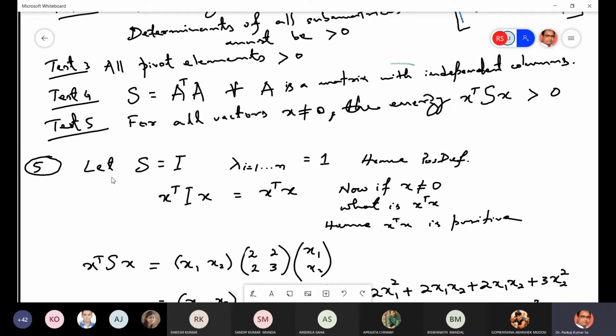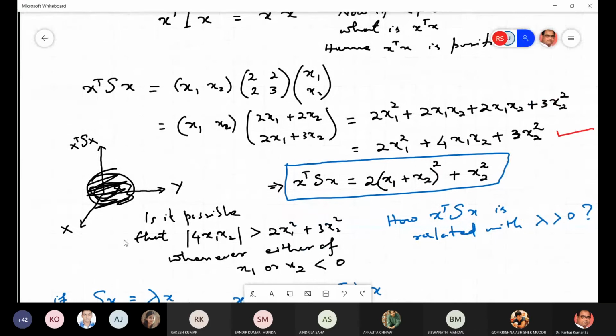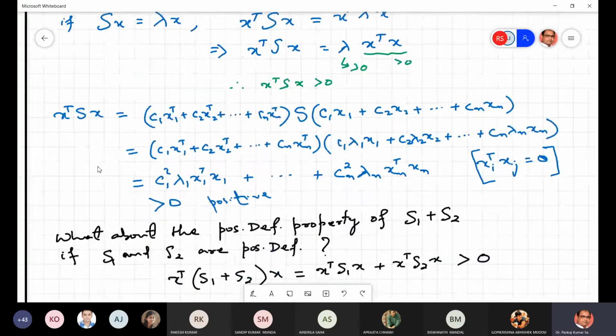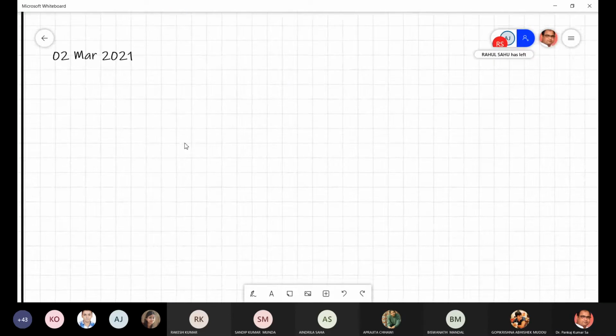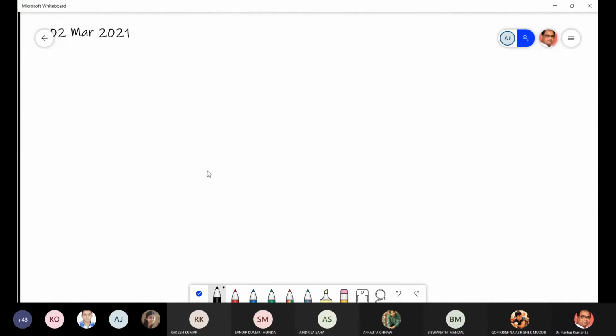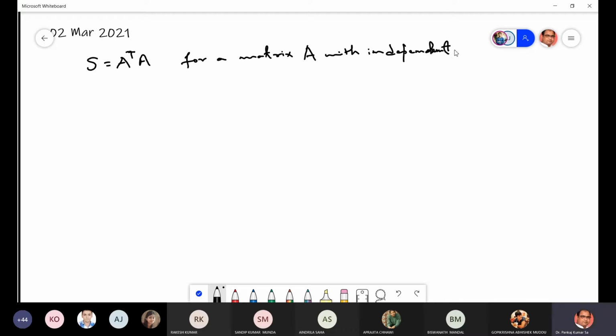So let us see what exactly this is. Independent columns.